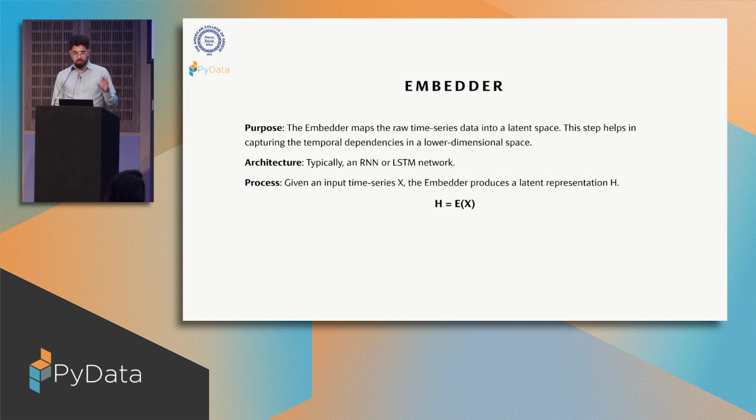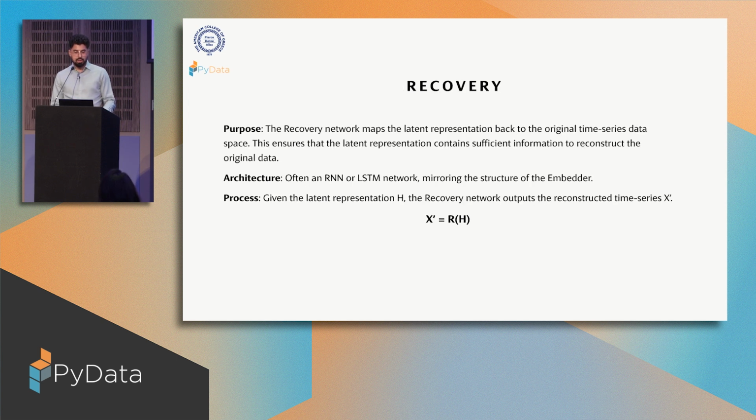So the embedder maps the raw time series into the latent space. These steps help in capturing the temporal dependencies in a lower dimensional space. It's typically an RNN or LSTM. We use RNNs. Given the input time series X, the embedder produces the latent representation H. Then the recovery network, which together with the embedder creates the autoencoder, maps the latent representations back to the original time series data space.